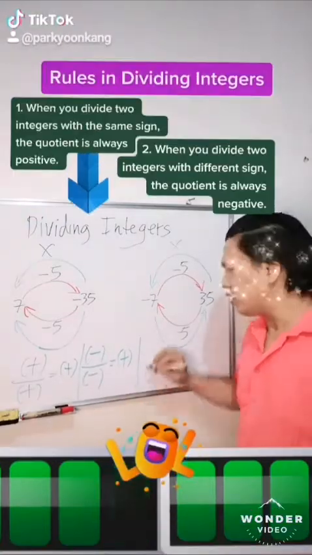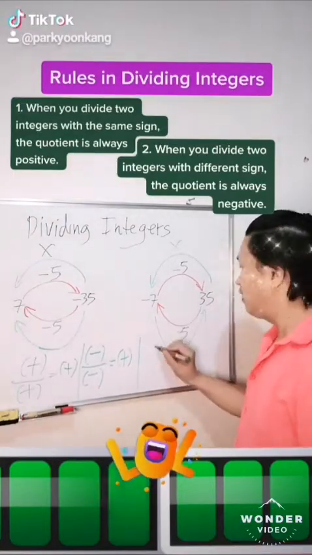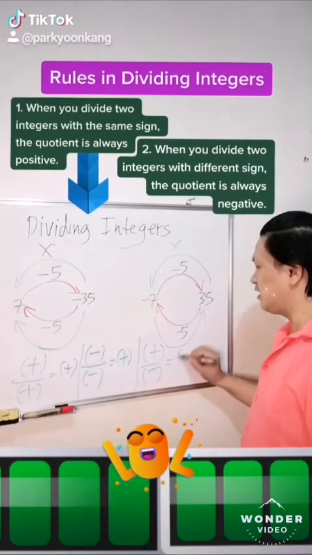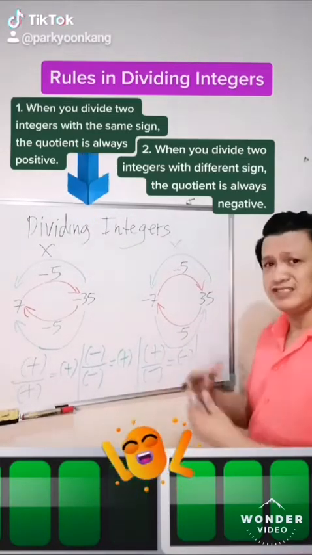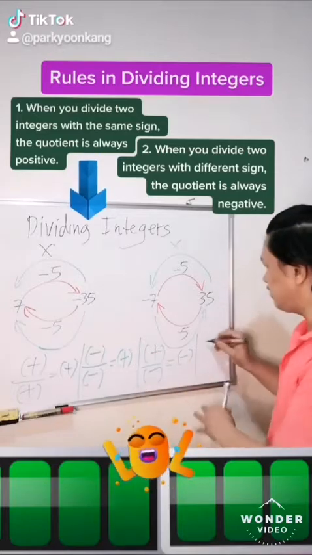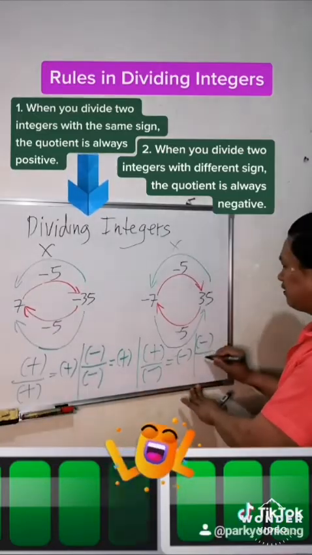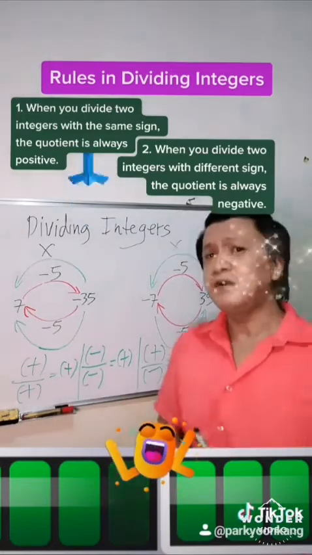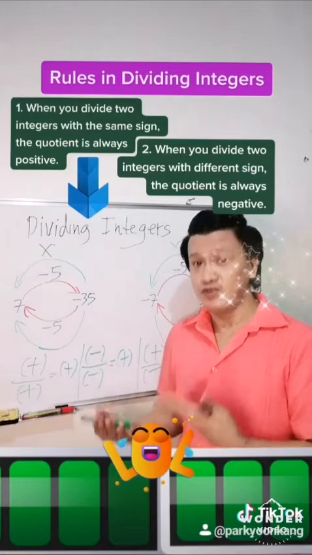But if you are going to divide different signs, if you have positive divided by negative, their quotient is negative. And also, if you interchange the numerator to denominator, we have negative divided by positive is also negative. That's why the reverse process of multiplication is simply the division.